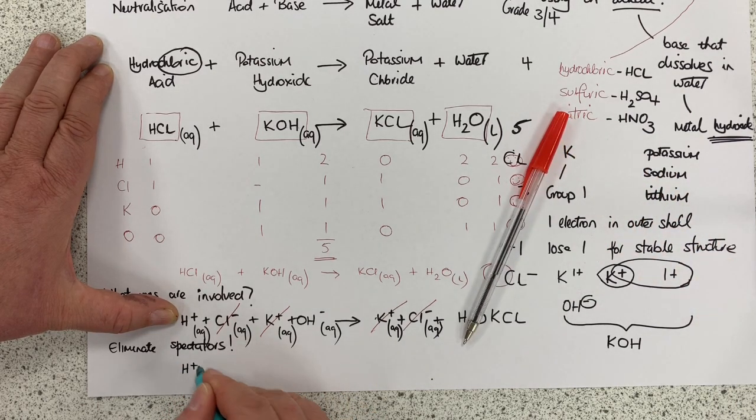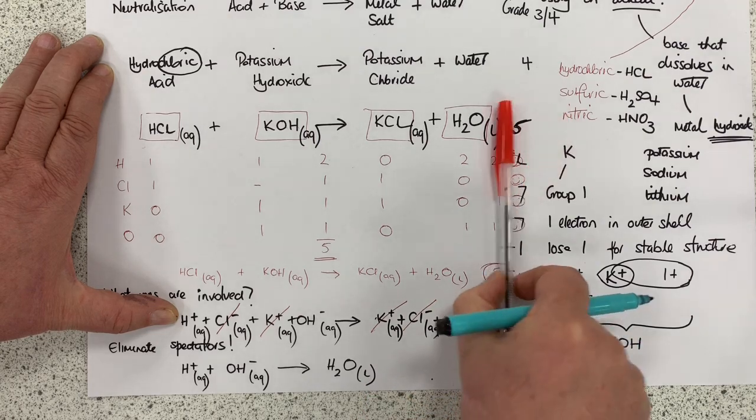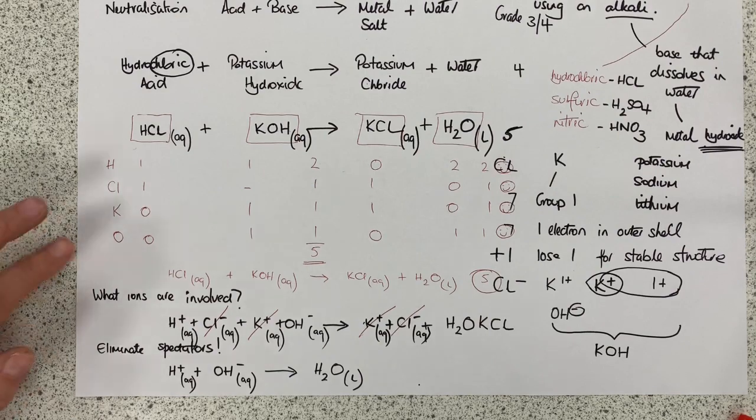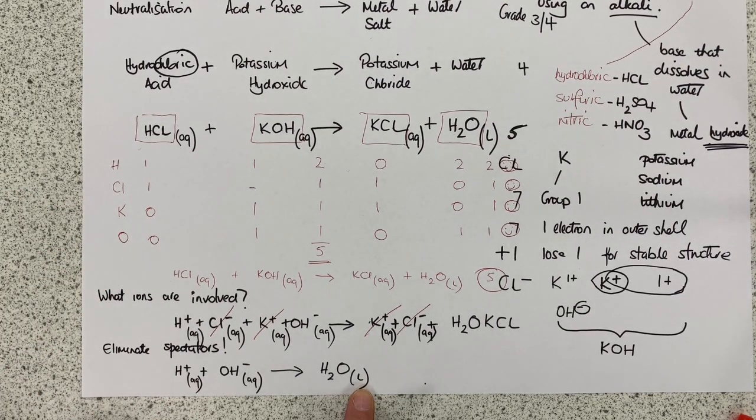Well, that's leaving us with this. H+ plus OH-, aqueous, aqueous, leads to H2O liquid. And for those of you who've been tortured by my standard equations tests over the years, that's the answer to question number 16 or something.